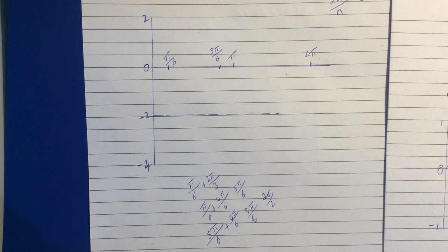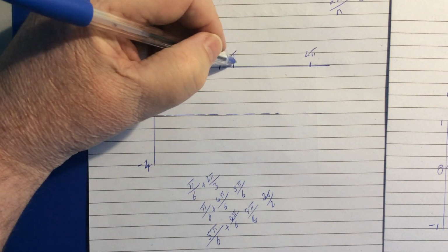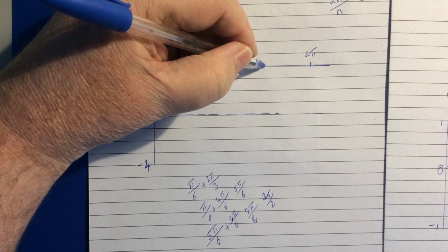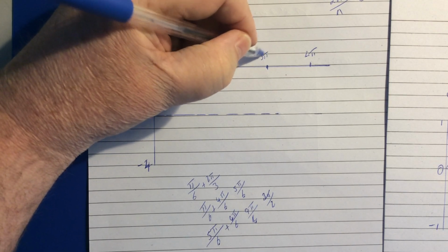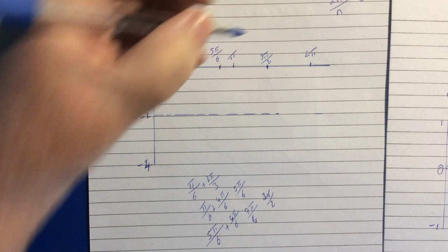So we're going to get a point 3 pi on 2, which is roughly there, 3 pi on 2.